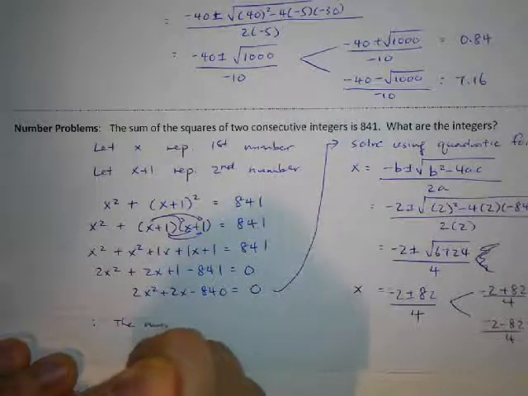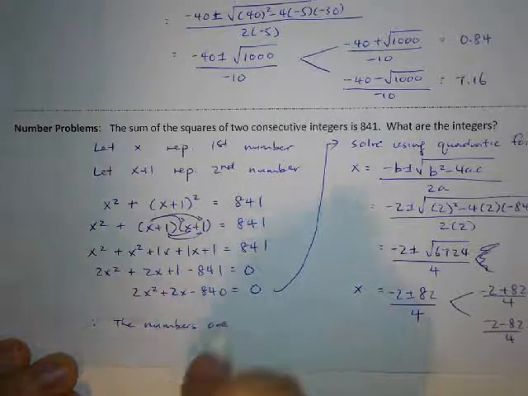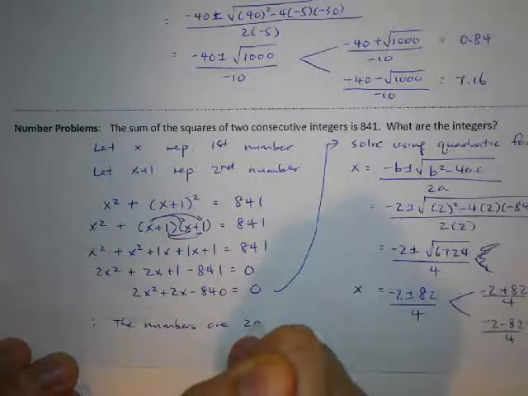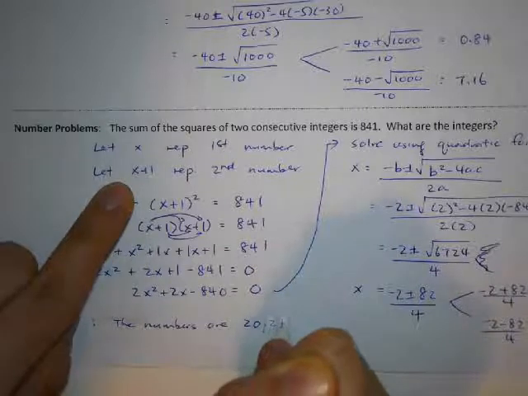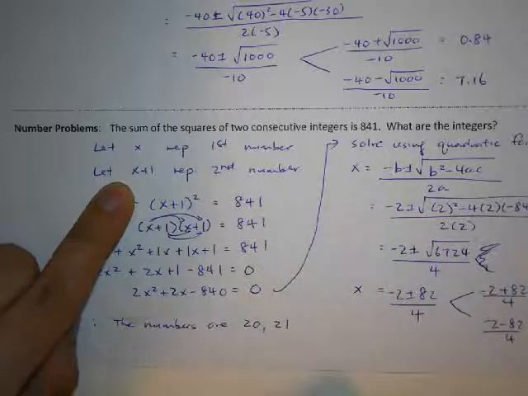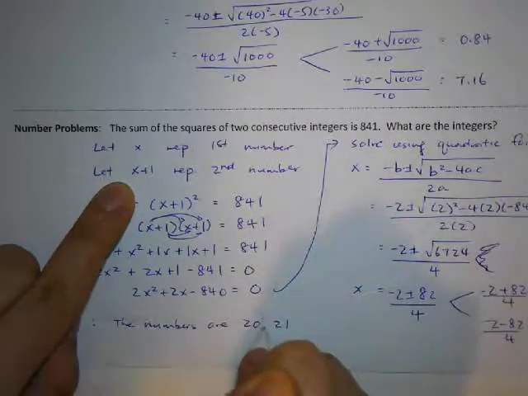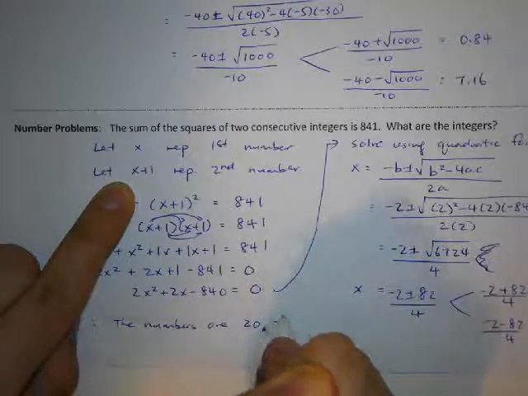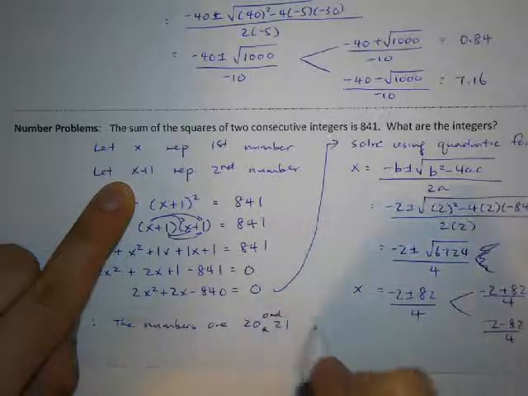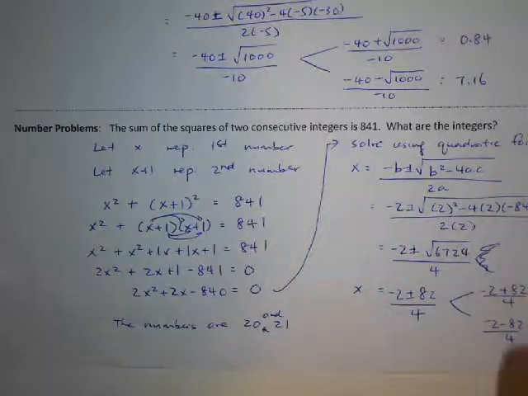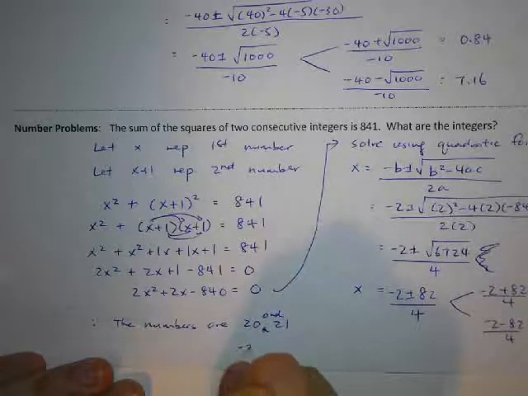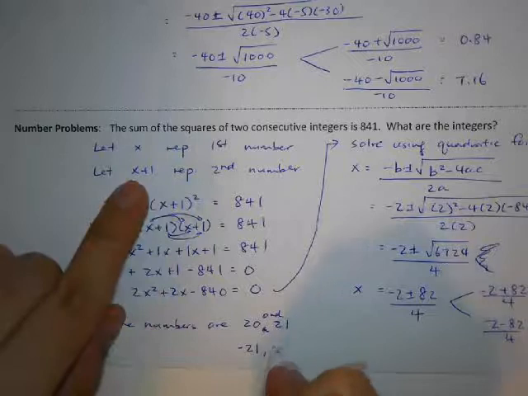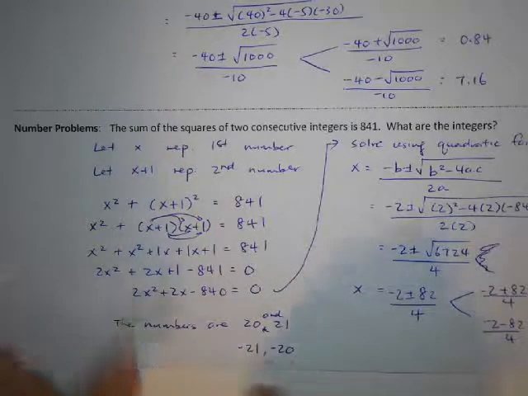So the numbers are either, if 20 is your first number, then that means your second number is just 21. Or, if your first number is negative 21, that means your second number, if you add 1, will just be negative 20.